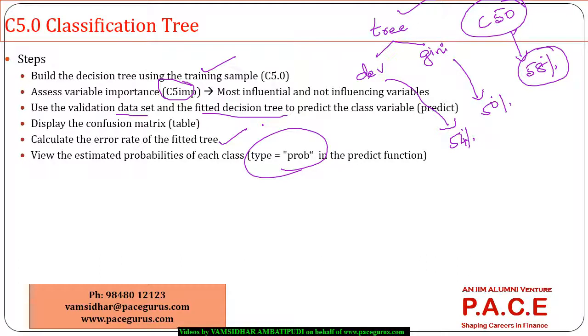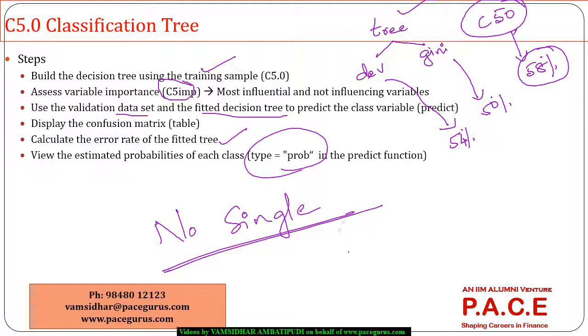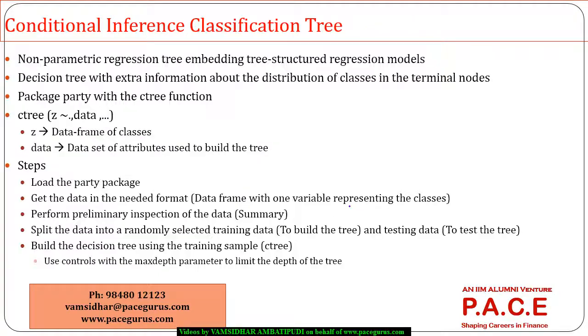So we have to understand that there is no one single algorithm which is universally better than the other algorithm in all cases for all kinds of data. That's one important point that we have to keep in mind.